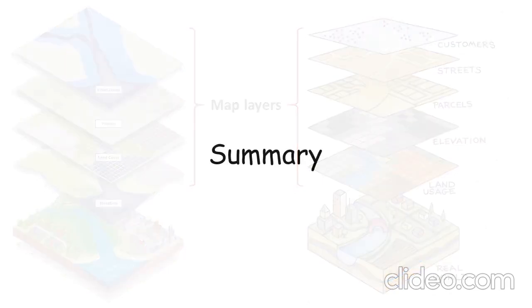To summarize, in this video we have learned what is GIS, how GIS informs us about location specific data and its attributes, how GIS links multiple datasets, how we can perform operations in the GIS environment to obtain desired map products, and in the end we learned about the multiple map layers storing required data of the real world.